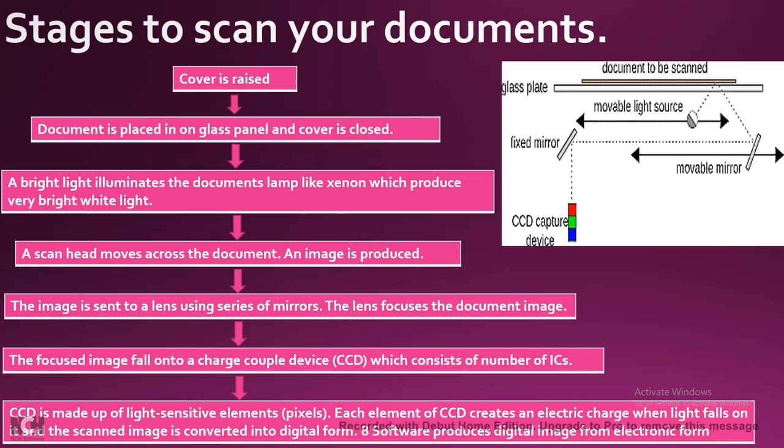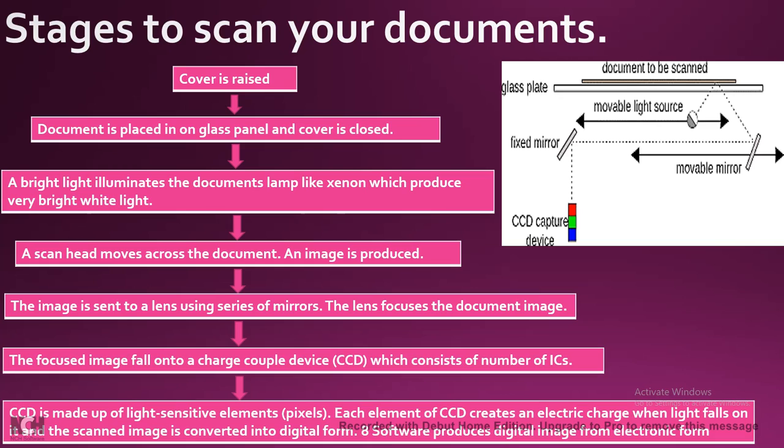After that you can see in the picture here the fixed mirror and movable mirror. The mirrors are fixed or placed at certain angles, so the image is sent to a lens using this series of mirrors.